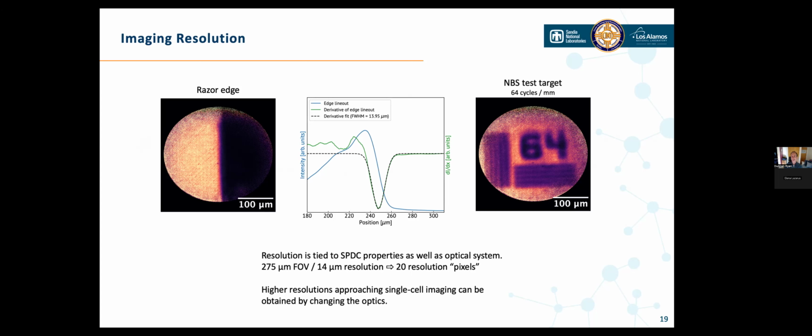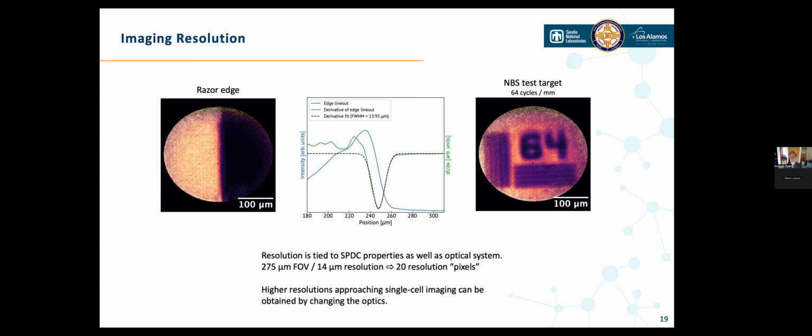It's not the capabilities of the method, it's just the capabilities we were working with when we decided to look at a particular magnification. So we're looking at essentially resolutions of about 14 microns over a field of view of almost 300 microns. So we're able to get into that almost single cell resolution level.